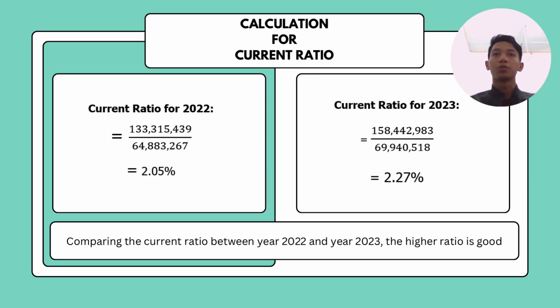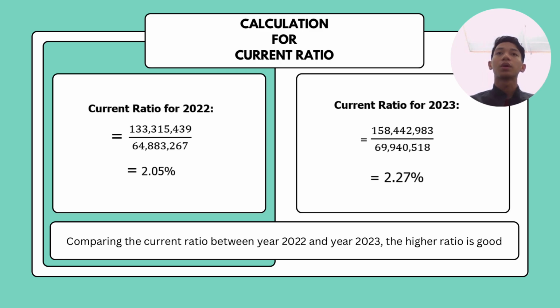Okay, let's move to the calculation for current ratio. We do the calculation based on Hap Seng Industry Berhad, for two years, 2022 and 2023.